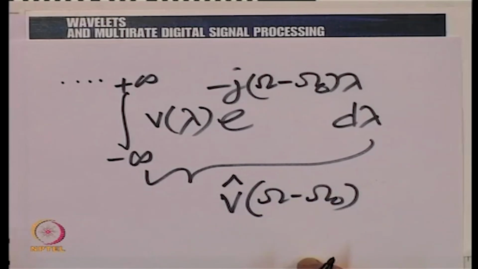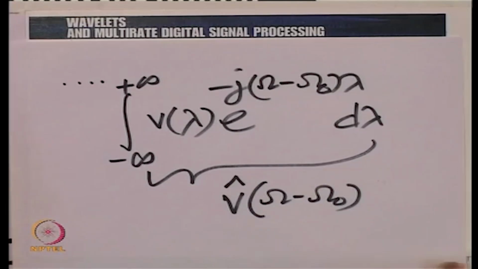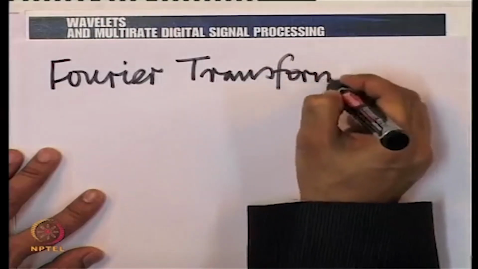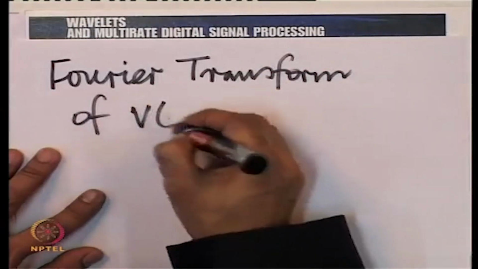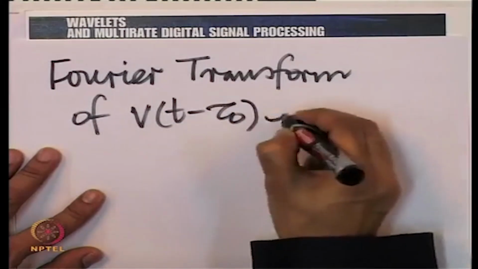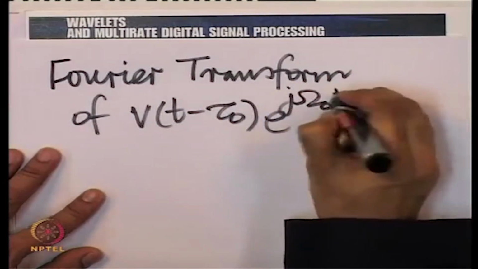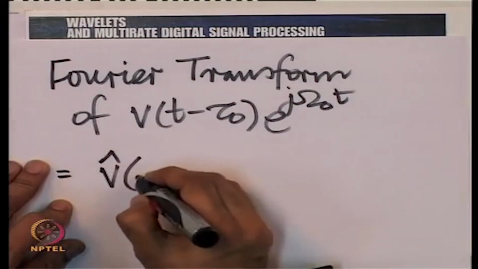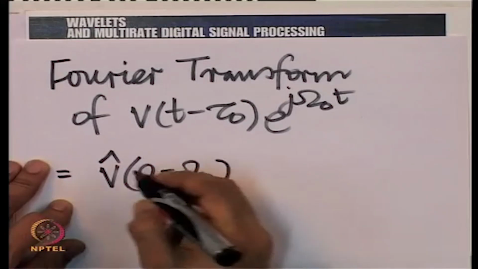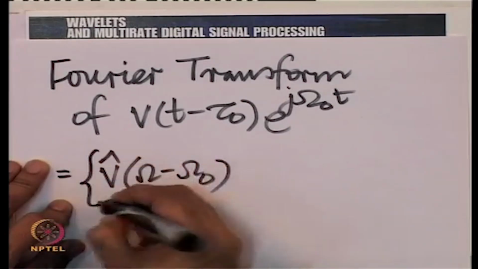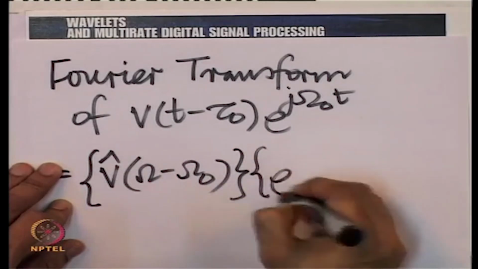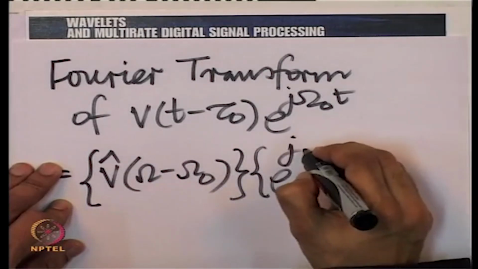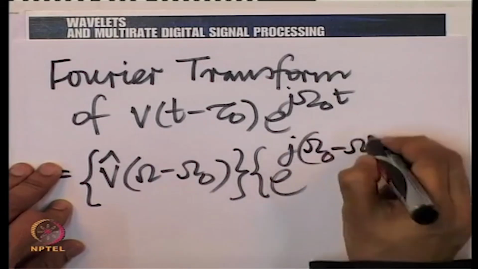So, all in all we have the following. We have the Fourier transform of V(t minus tau naught) e raised to the power j omega naught t is the Fourier transform of V evaluated at omega minus omega naught multiplied by e raised to the power j omega naught minus omega times tau naught.